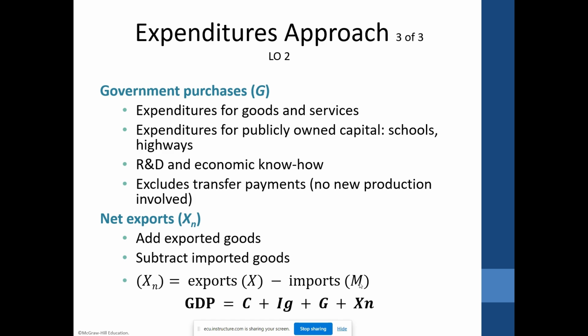Net exports are calculated by subtracting the value of imported goods from the value of exported goods. Adding up all four components provides a measure of GDP, a measure of the market value of a specific year's total output.